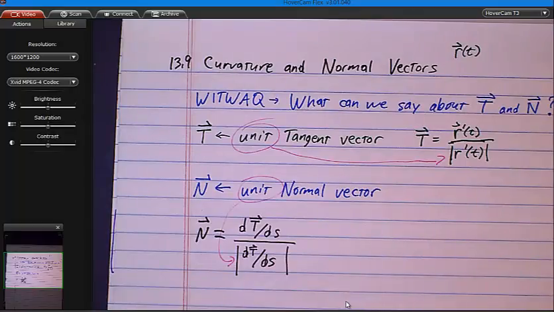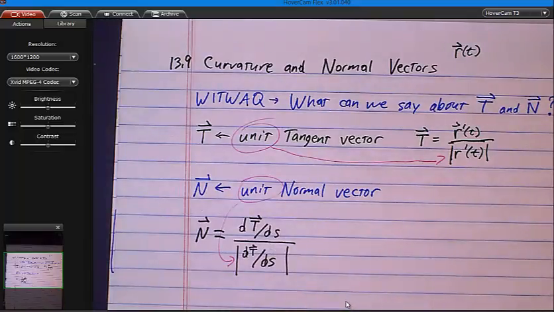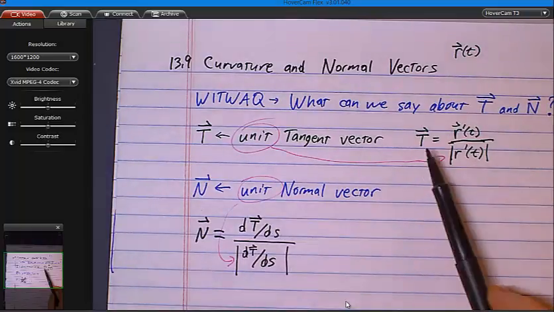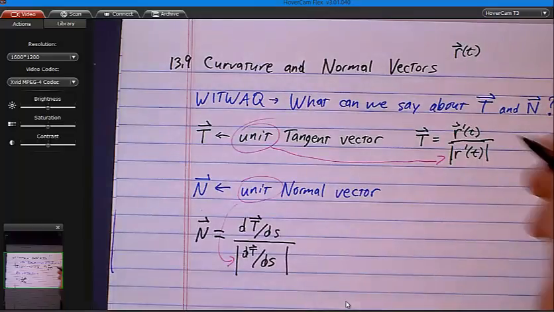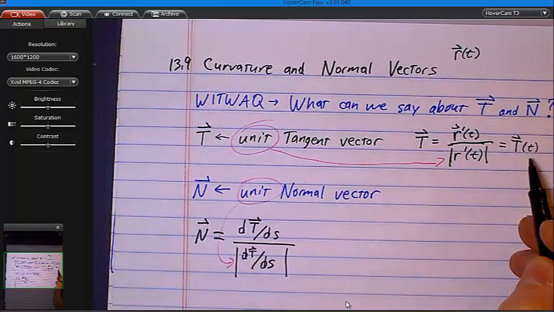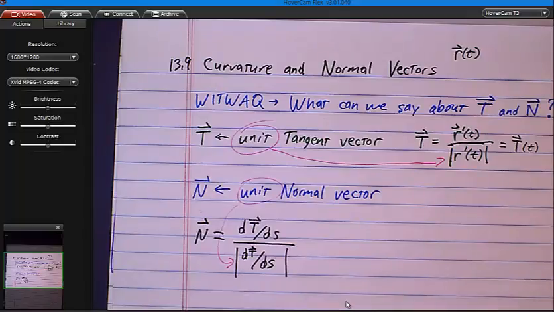Okay. Now, what is this? How do you read that? That's Leibniz notation. It's a derivative. That's exactly right. Change in the tangent vector with respect to the arc length. It's interesting because I just wrote T. I could have written that T is a function of a parameter t, right? Remember, we're visualizing parameter as speed.